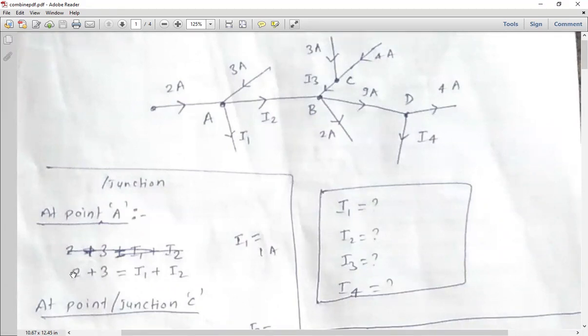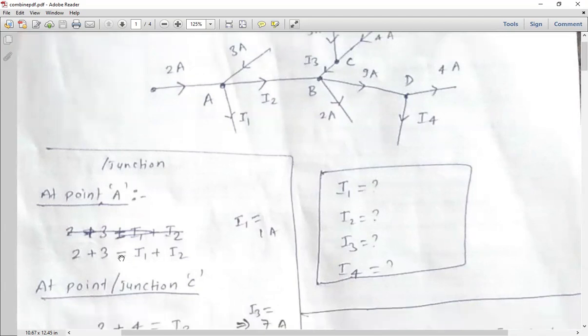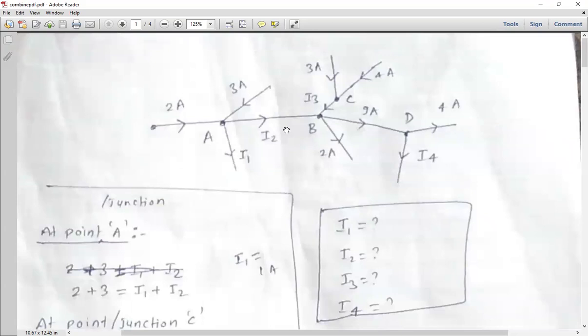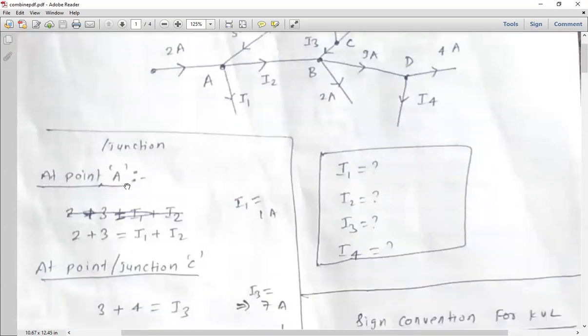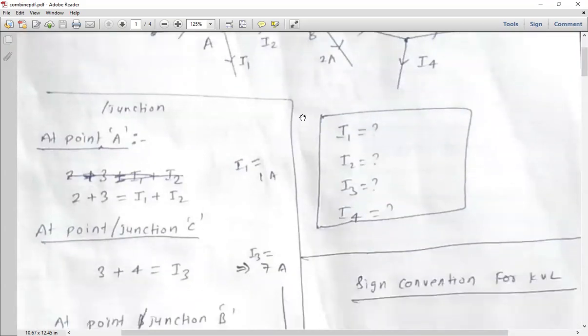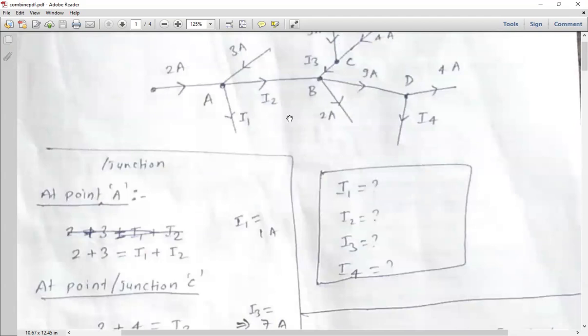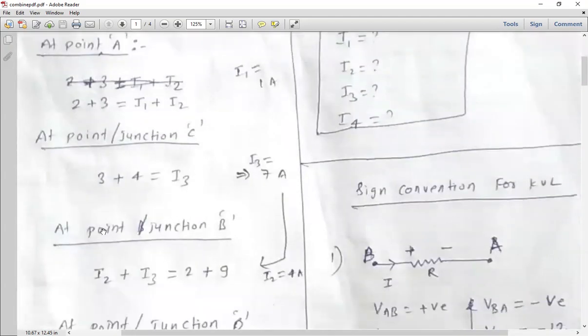But this equation is also the same; we have just put all these currents on the other side. Now let's apply Kirchhoff's first law at junction B.